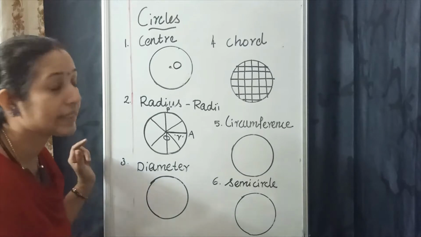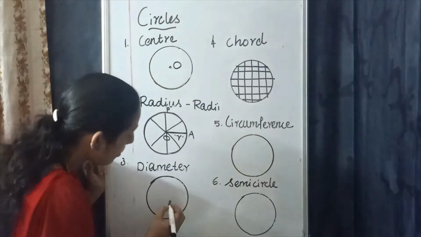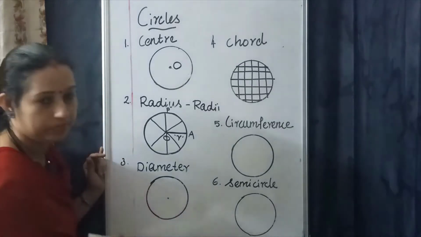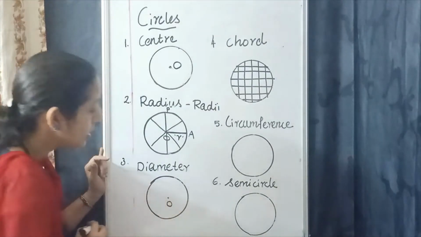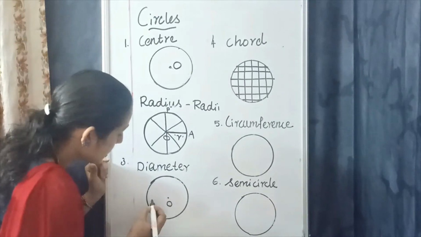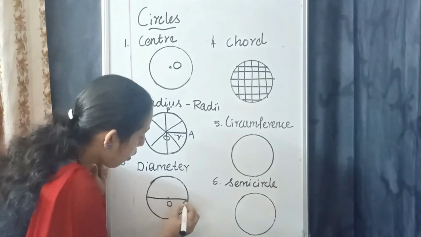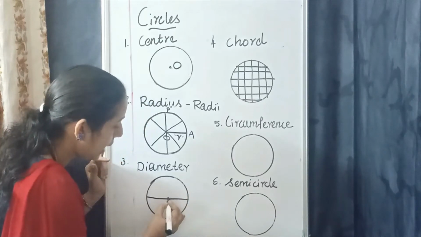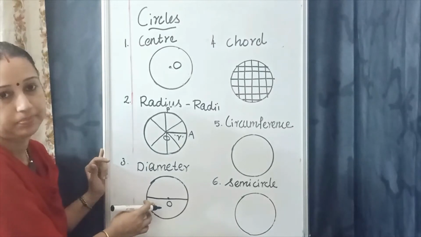Next one is the diameter. What is diameter? Diameter is also a chord. Here we fix the center O. Then diameter is the line that we draw from one point to another point passing through the center.